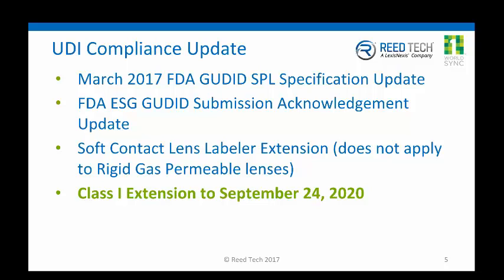Now, the reason behind this is a little different than the soft contact lenses. It's not so much, oh, let's just give 2 additional years because we're going to make all these grand changes. It's more or less related to a data quality initiative that the FDA is undertaking with respect to UDI. As I mentioned, there's been quite a lot of data submitted already with Class 3s and Class 2s.